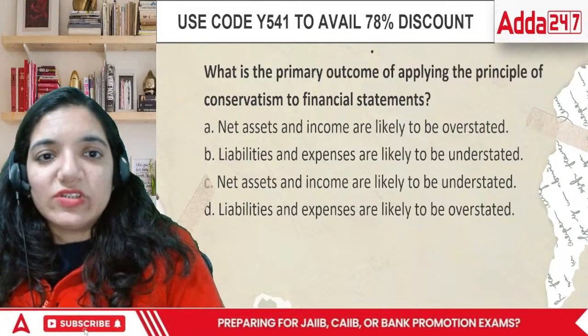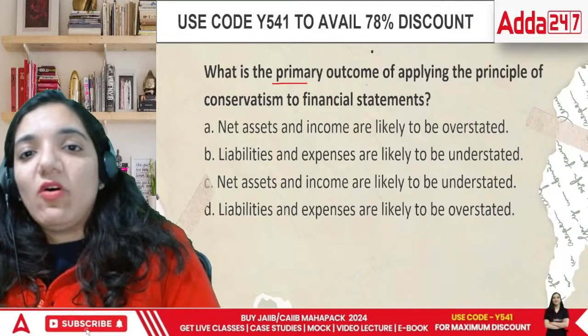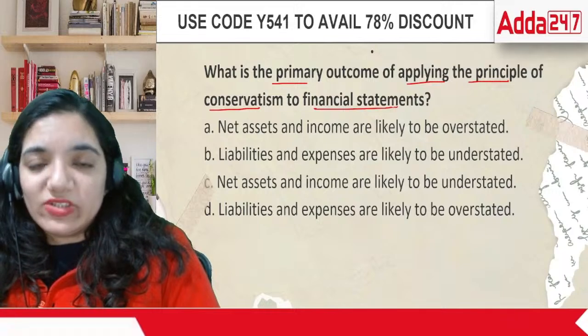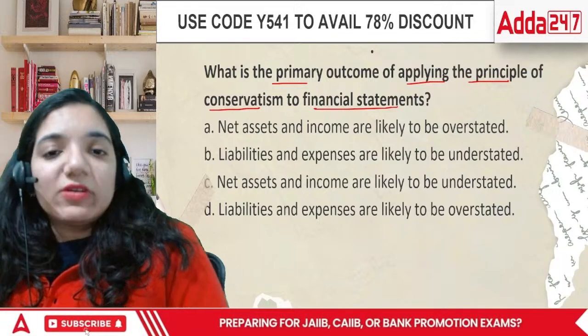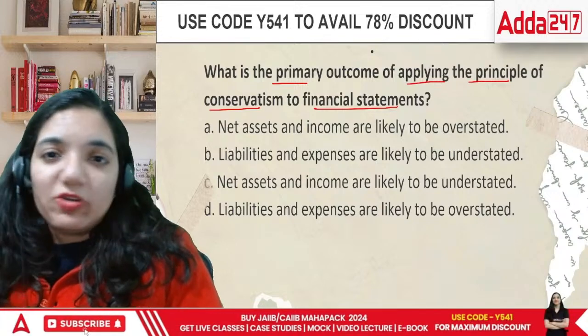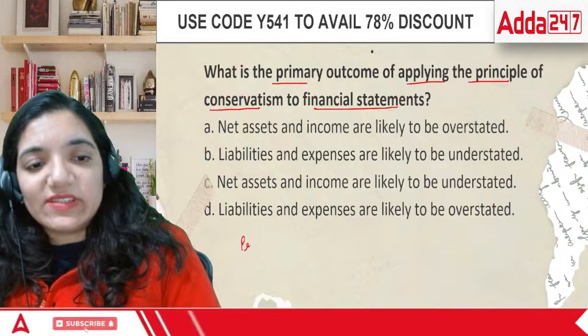Here comes the first question. It says, what is the primary outcome of applying the principle of conservatism to financial statements? When we talk about conservatism, it means anticipate the losses but not profits. Conservatism is also known as prudence.